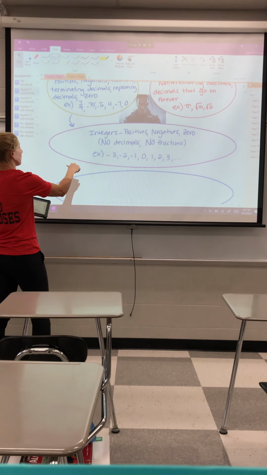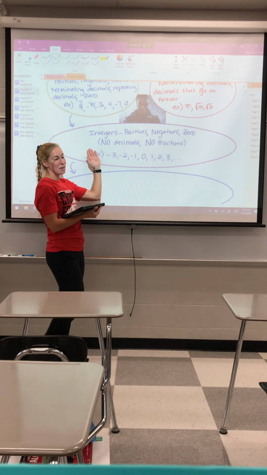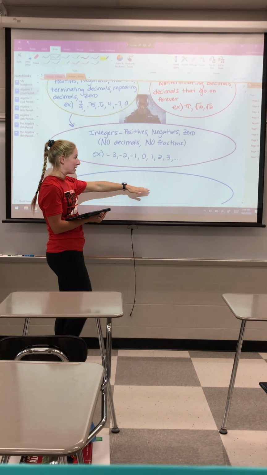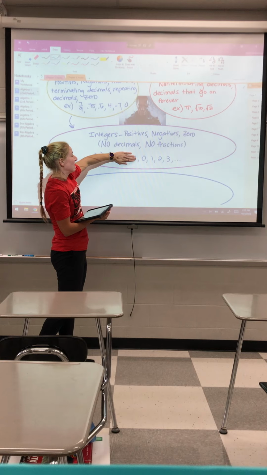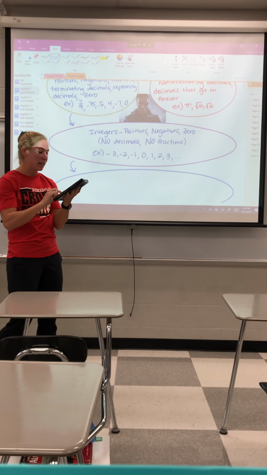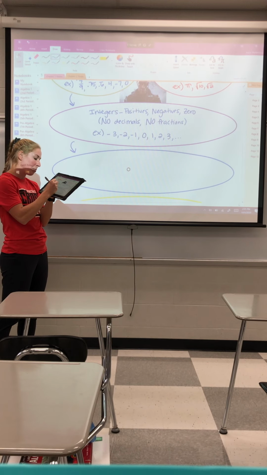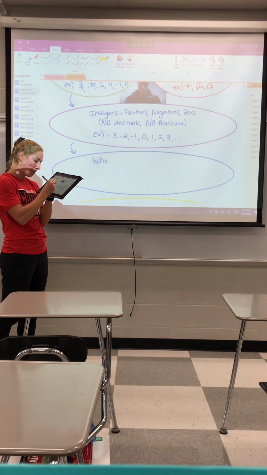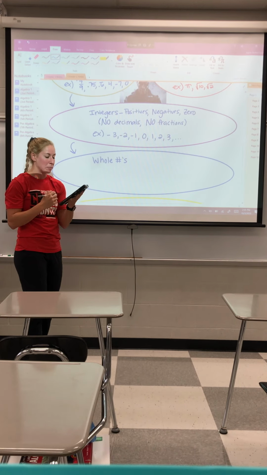Next, this group of integers is going to get broken down into a separate category, and we're going to get rid of something from this group and call it something else. What do you think we're going to get rid of? The negatives. So getting rid of the negatives creates another subgroup called the whole numbers. Negative numbers are not whole numbers.